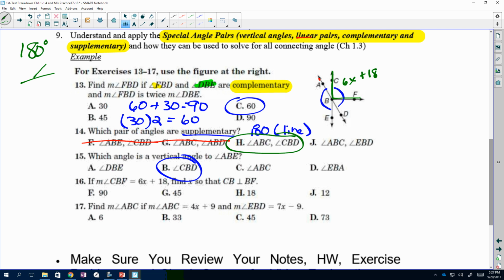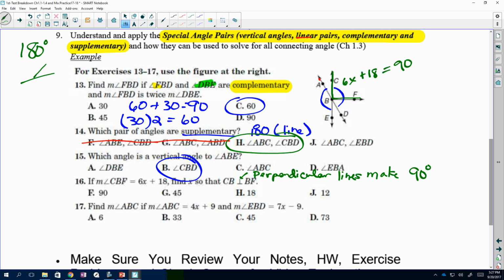Then they want us to find x so that CB, that upside down T symbol, means perpendicular, okay? Perpendicular lines make 90-degree angles. So now I know that 6x plus 18 equals 90.